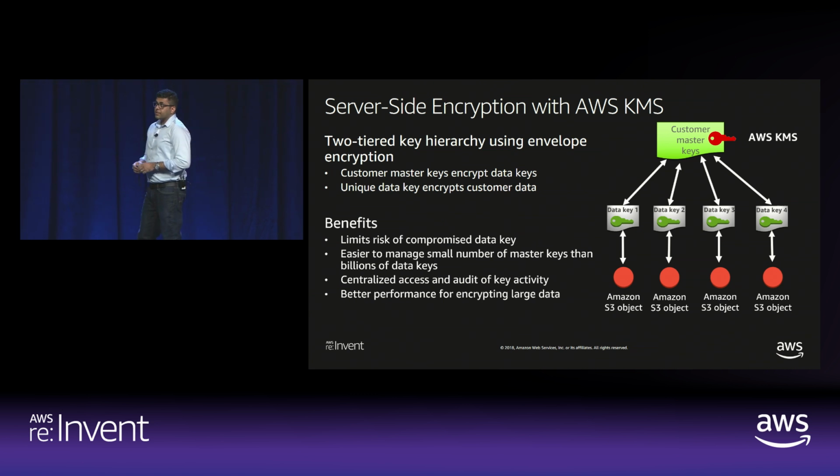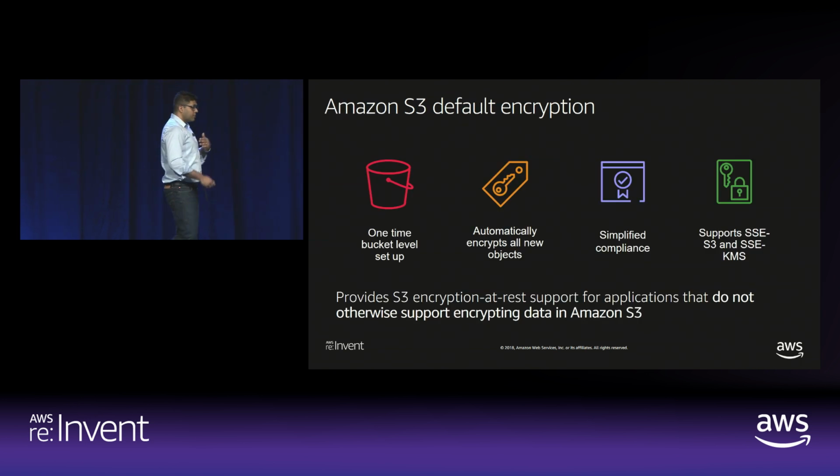One of the things we launched last year was a bucket configuration where you enable default encryption. If you want to ensure that all objects we store on S3 are encrypted by default, you can change the configuration of the bucket and define the mode, whether it's SSE-S3 or SSE-KMS. If the put object does not have an encryption header, then it will be encrypted by the mode you've defined in the bucket configuration.